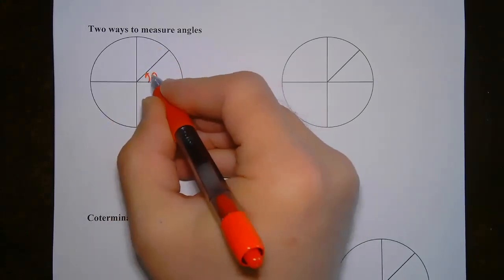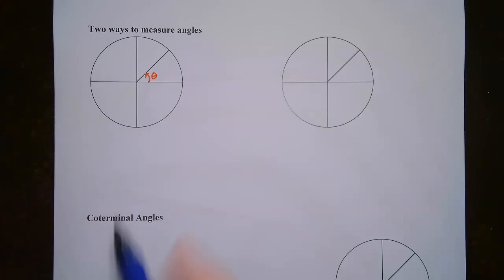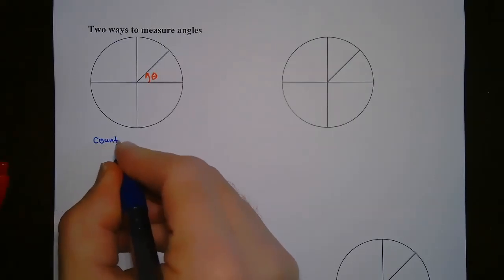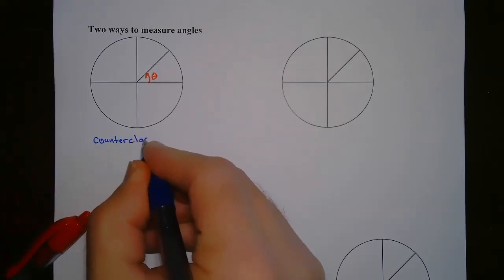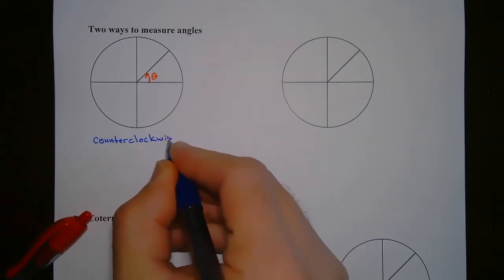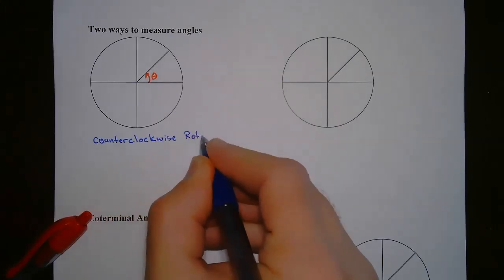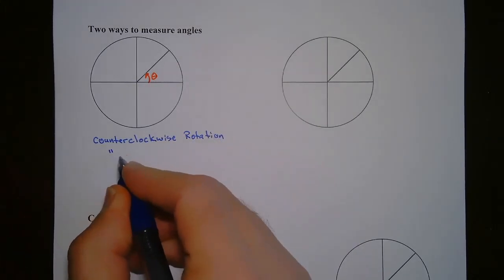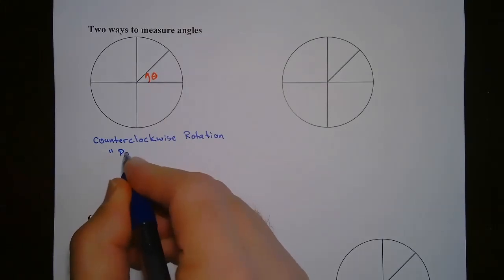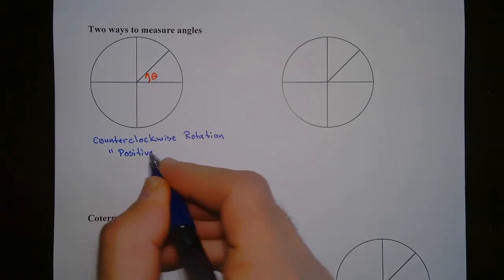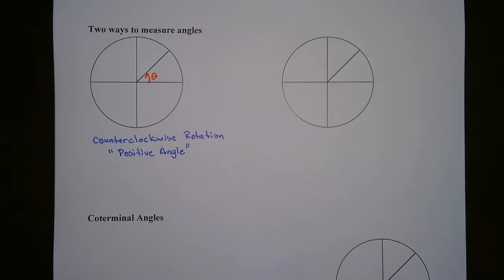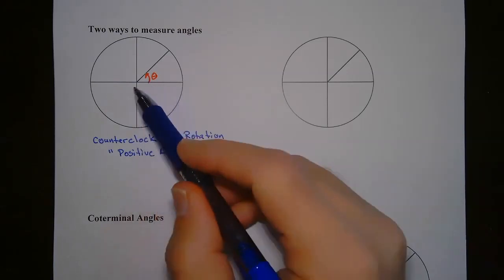This is my angle theta that I'm rotating, and that's a counterclockwise rotation. Then that's considered a positive angle. That's what we define a positive angle to be. Again, this is the initial side and this is the terminal side.